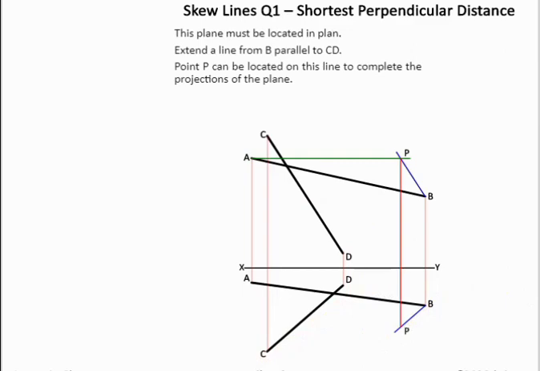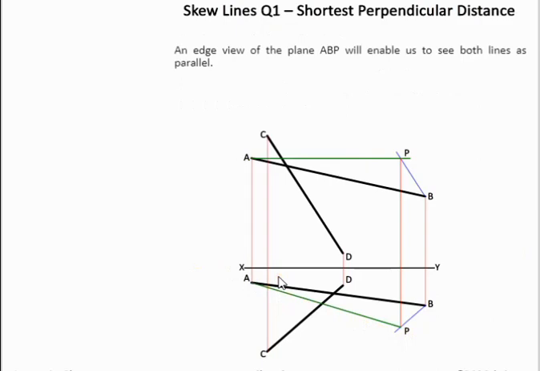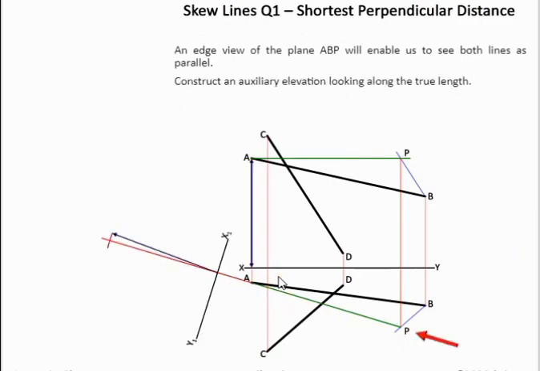So we can bring down point P now, and we have our horizontal line in elevation brought down to plan. So we know this is a true length in plan. If we look along this true length and construct our auxiliary, looking along P, we mark off our heights from our previous XY line.